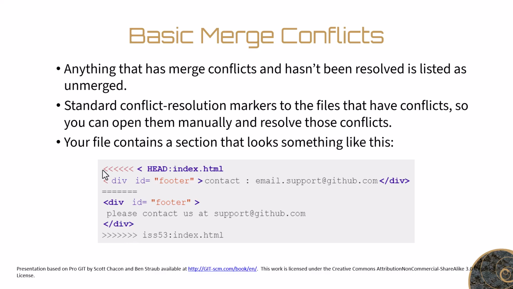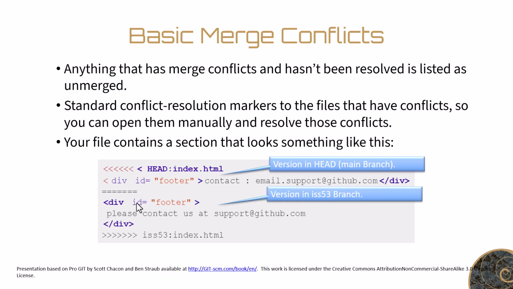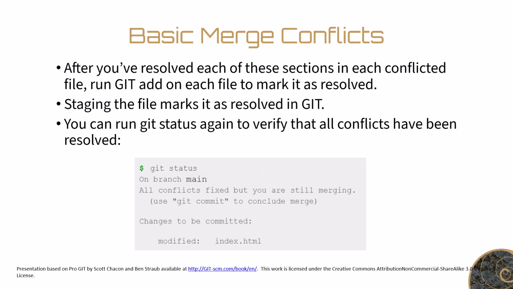So what you have to do is go through the file if you're doing this manually, and you'll need to edit this and change it to what you want it to be. Typically you take that out, probably pick this one, and then make the change so that you resolve the problem.